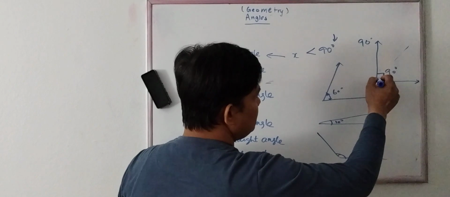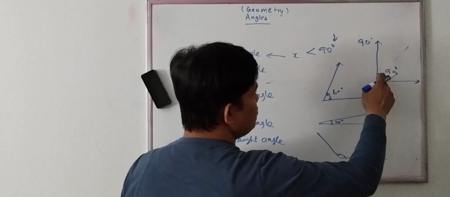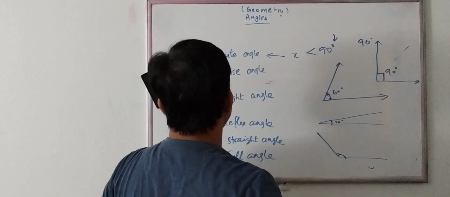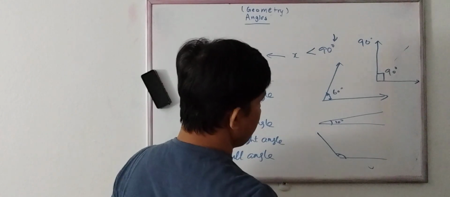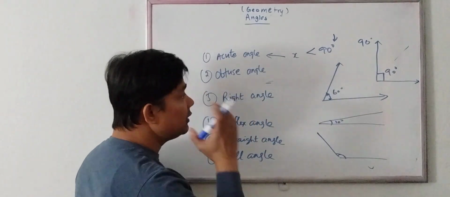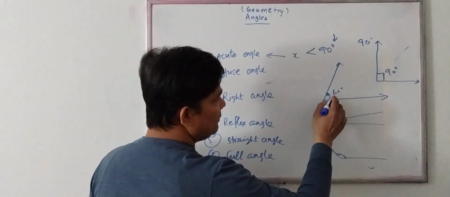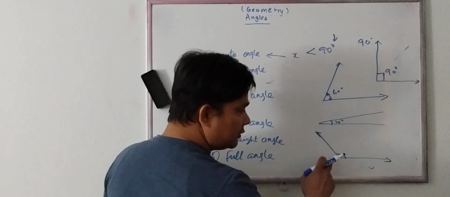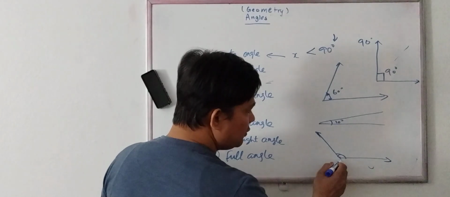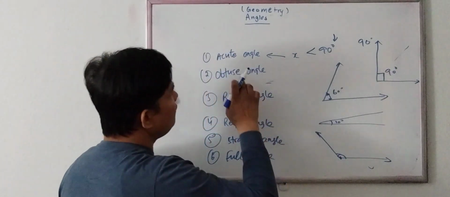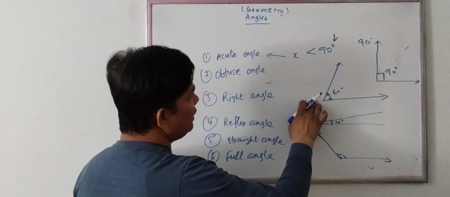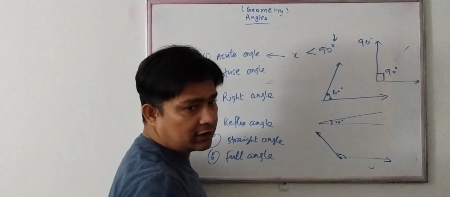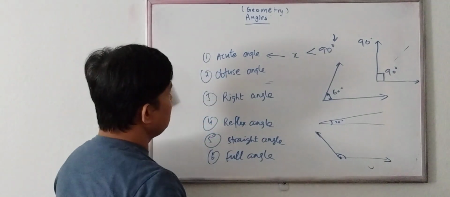The angular separation between two lines must be less than 90 degrees to be an acute angle. So in the figure, if you are given a shape like this, it's an acute angle. If it's given like this, although it's not perpendicular, this is not acute. So the definition of acute angle: any angle which is less than 90 degrees is an acute angle.